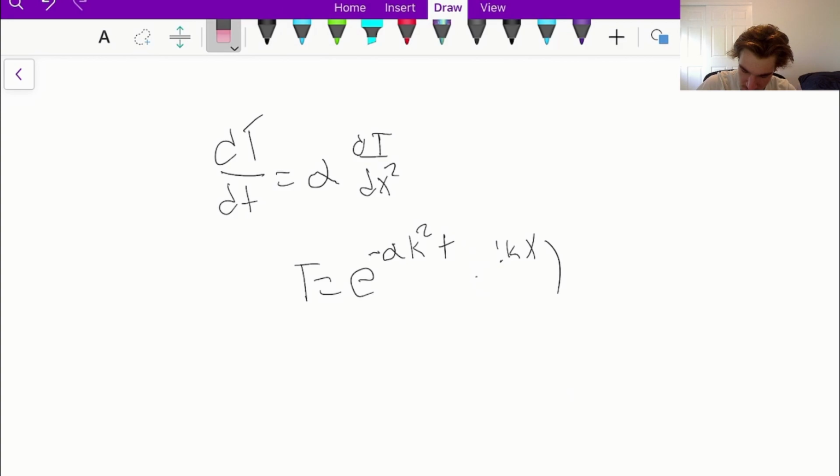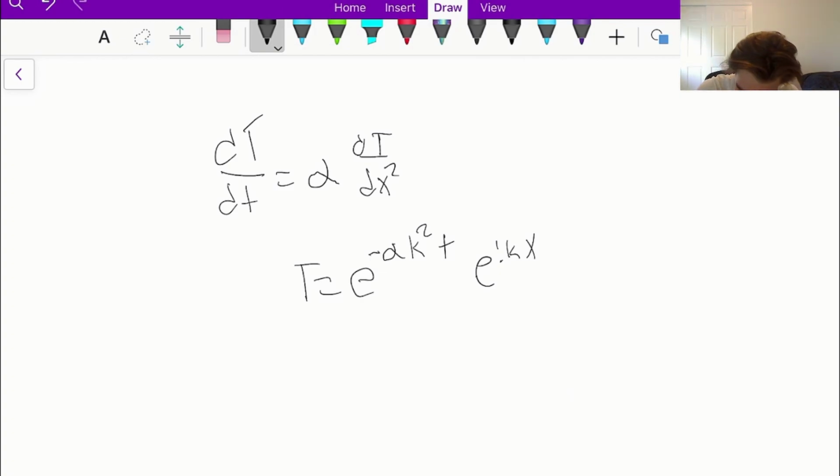With this, we're going to be showing why this is a valid solution to the heat diffusion equation that we just wrote out. On the left side, we're going to take the derivative of this equation with respect to time.